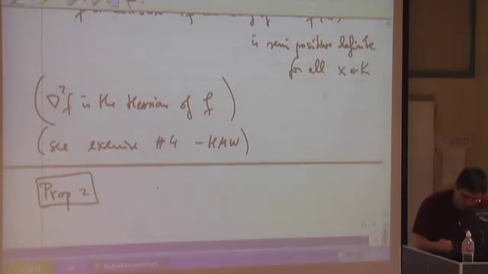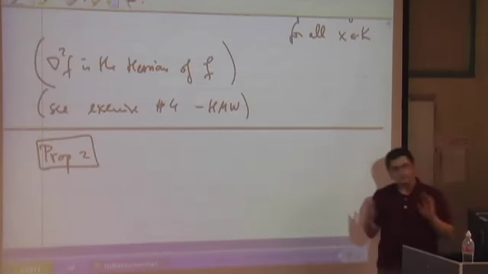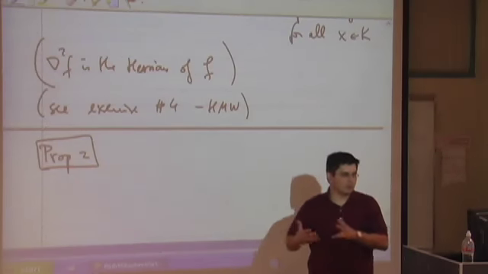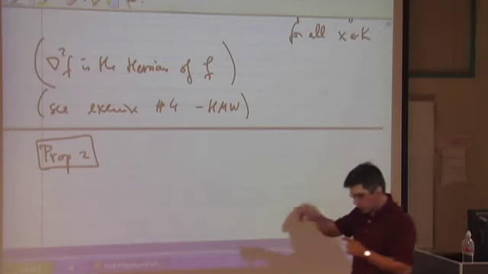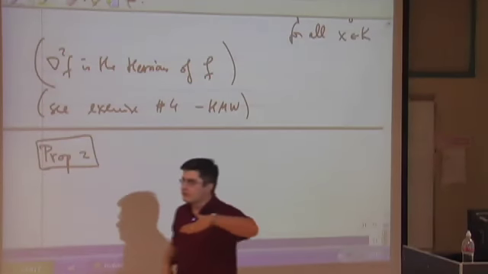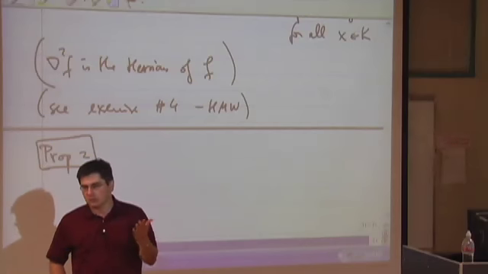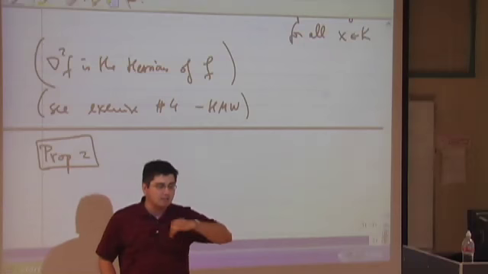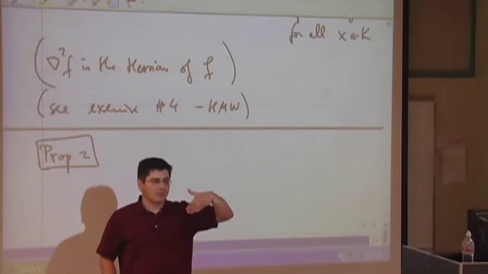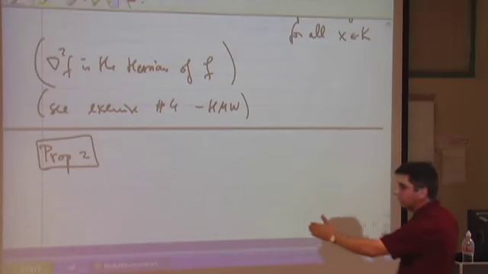At least in 1 dimension, and actually the proof relies on the 1 dimension case. So in 1 dimension, what's the fact of the second derivative being positive saying? That's saying that the first derivative is increasing as you go from left to right.